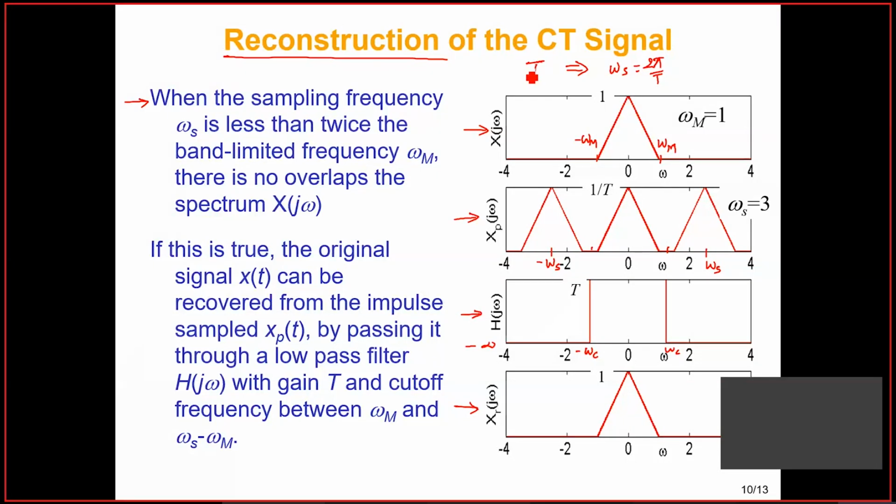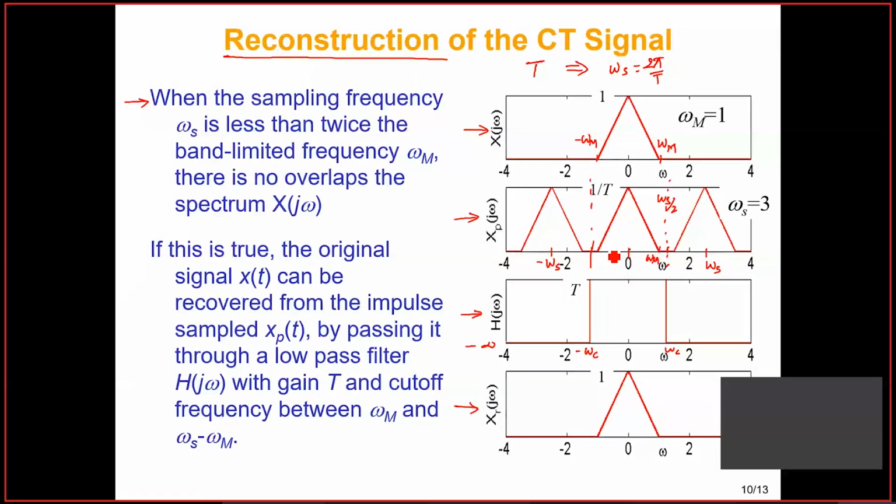If you notice here, this will be your omega m, this is 0, this is omega s, this is omega m, and right here is, let's say, half the value. This is your omega s by 2. If we have selected an appropriate omega s, then the copies that you get will be very clean and will not overlap each other.